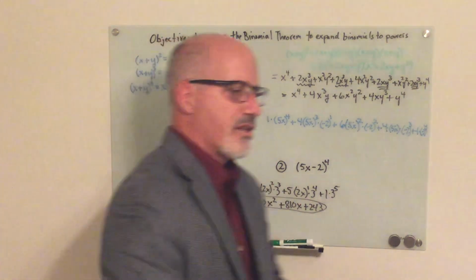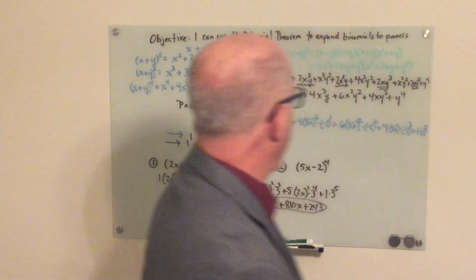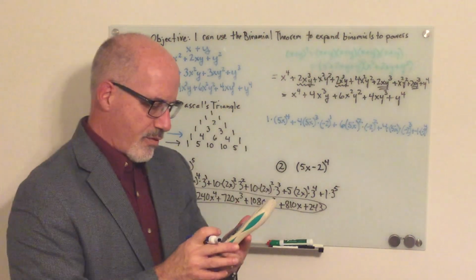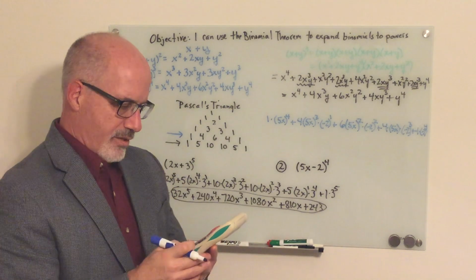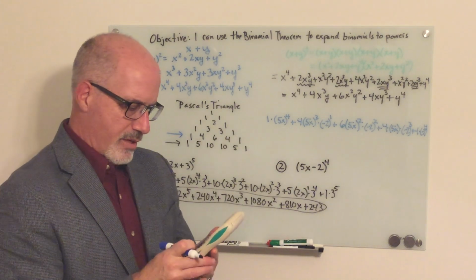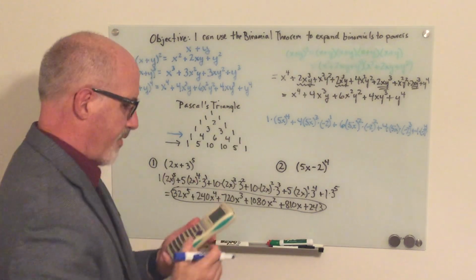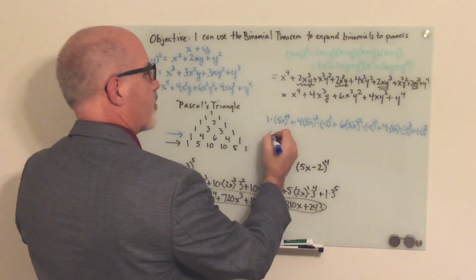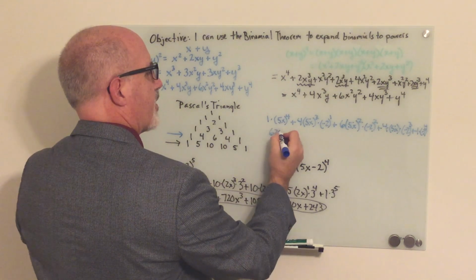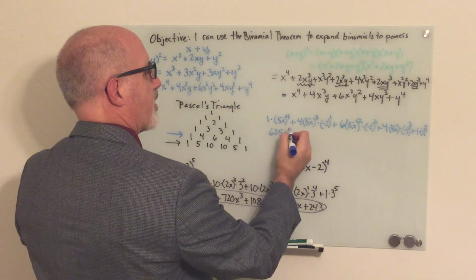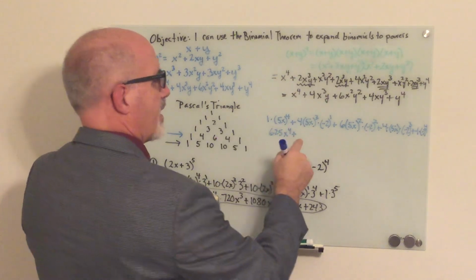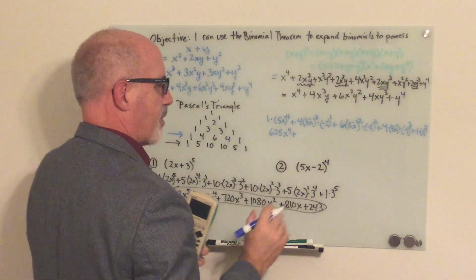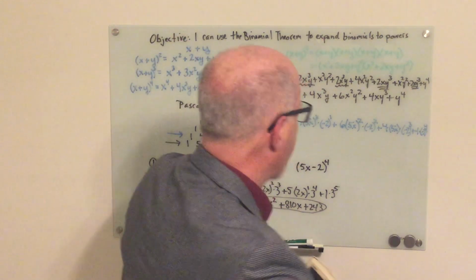So the first thing I'll do is just simplify. I want 5 to the 4th power. So 5 to the 4th power is going to be 625. So 625 x to the 4th plus, now I'm going to put the plus in there, but let's go ahead and erase it because I'm going to have a negative.